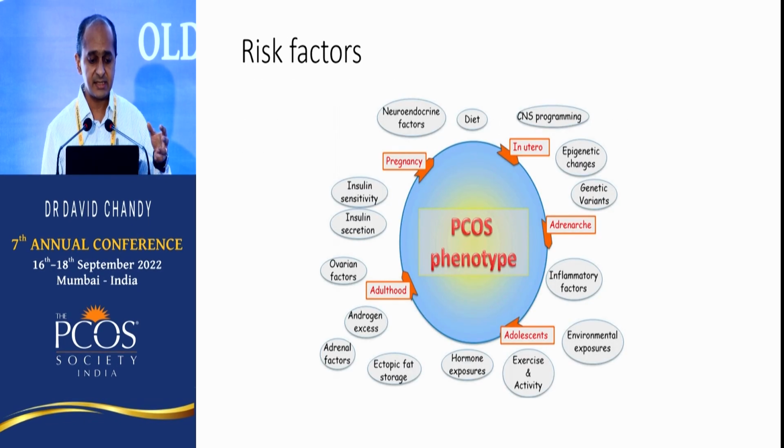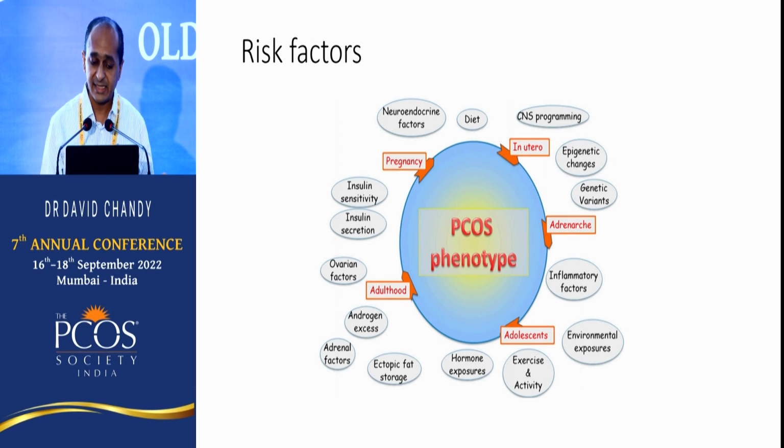Like we discussed earlier, all the risk factors start in utero. Like the Barker hypothesis, there's a lot of CNS programming, and epigenetics and genetic variations have a role. Adrenarche occurs earlier. There are lots of factors related to inflammation that have a role. There are a lot of endocrine hormonal disruptors which affect the hormones in the adolescent age.